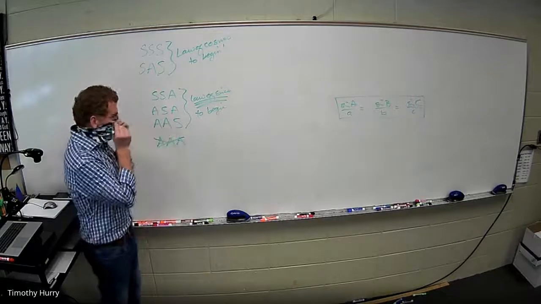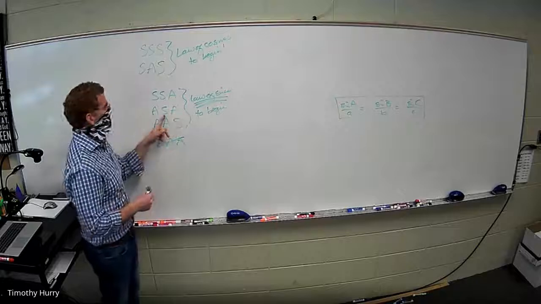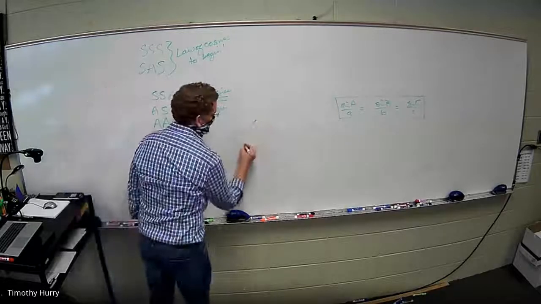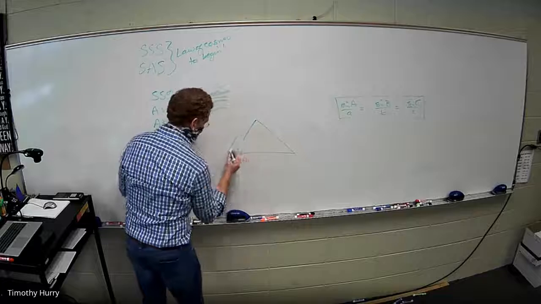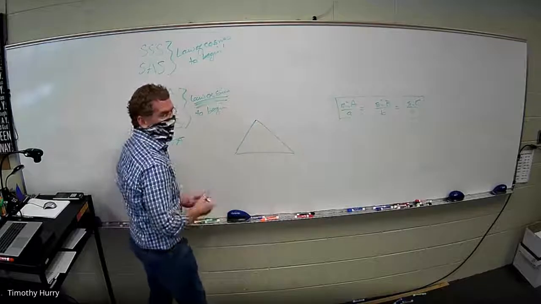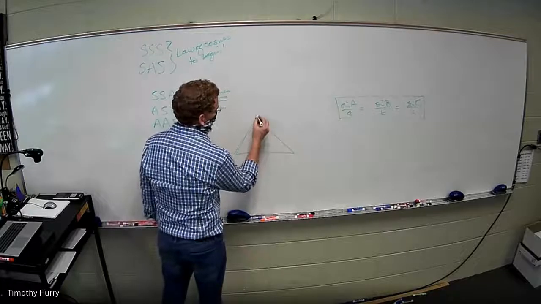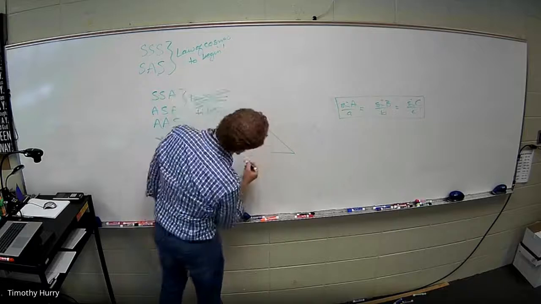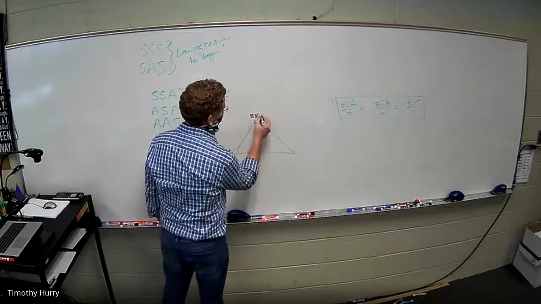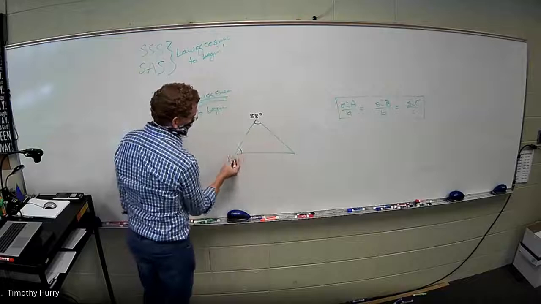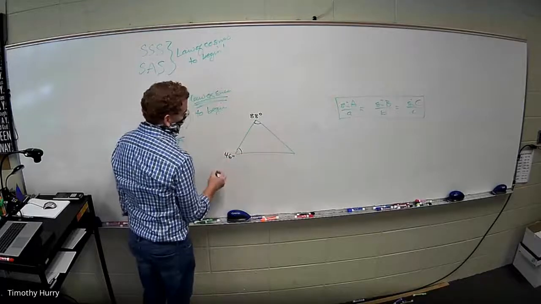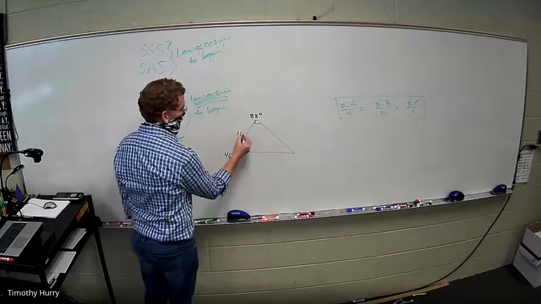So really, it doesn't matter to me whether it looks like this. This would be angle side angle. I would be giving you this angle, and I would be giving you the side in the middle.